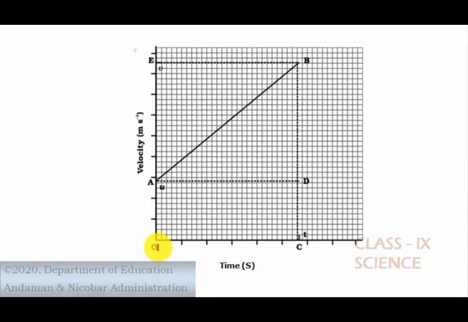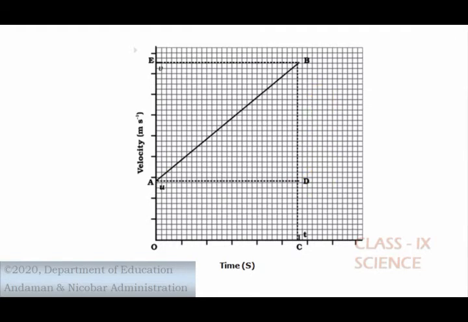By adding the area of rectangle OADC and the area of triangle ADB, we get the total area of the trapezium. In this graph, the distance or the displacement can be found out by adding the area of rectangle OADC plus the area of triangle ADB.